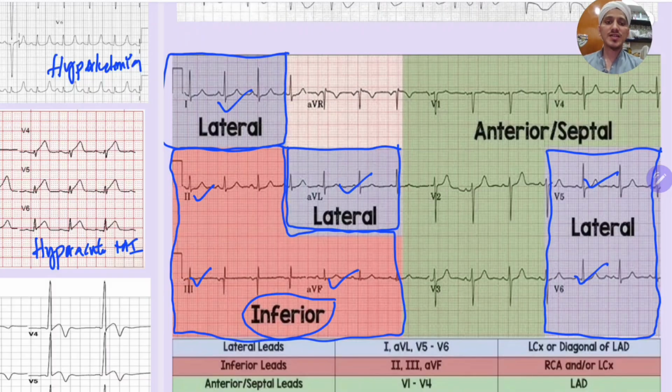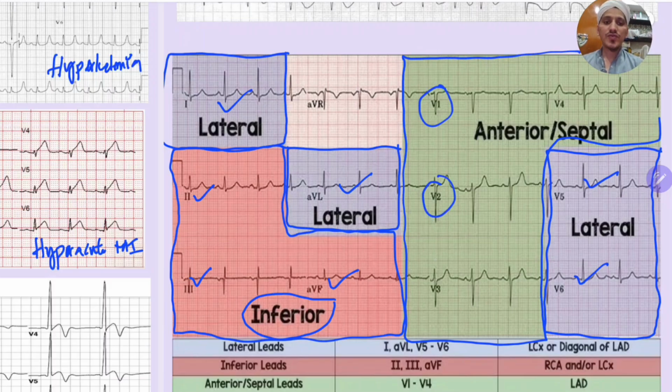Now, what are the anteroseptal leads? This greenish part, from V1, V2, V3, and V4. So these are anteroseptal leads. V1 and V2 are anterior leads, V3 and V4 are septal leads.